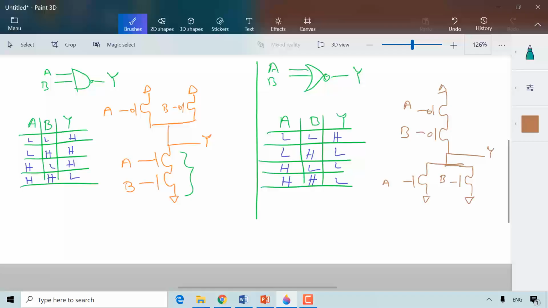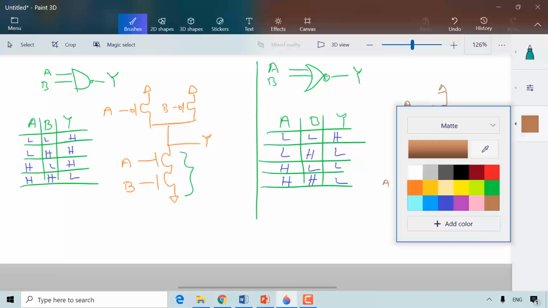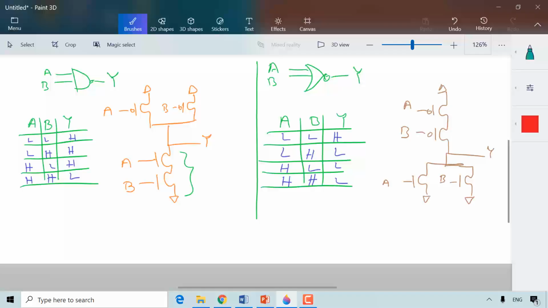Now, let's try to examine those a little better. Let's go back here to the NAND gate. The question here: why is the output high? Well, the output is high because whenever one of these inputs is low, one of those transistors will be off, cutting the path from the output to the ground.